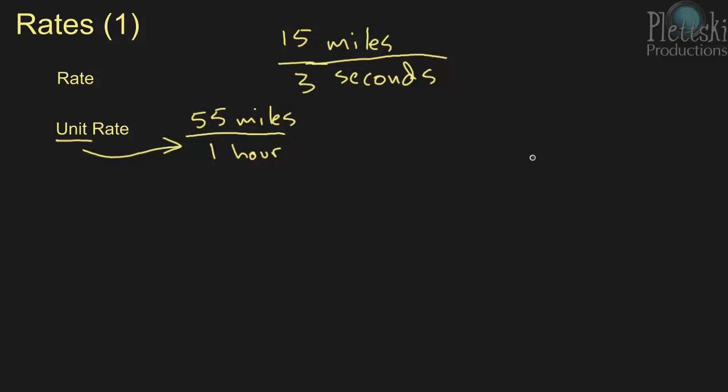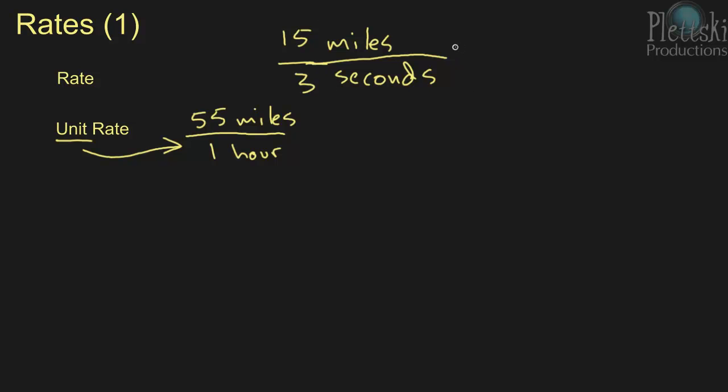So for this lesson, we're going to explore writing equivalent rates as well as writing unit rates. So an equivalent rate, well, you've seen equivalent fractions before. An equivalent rate is very similar to that. And the way we can do that, well, let's use this first one, 15 miles for every 3 seconds.